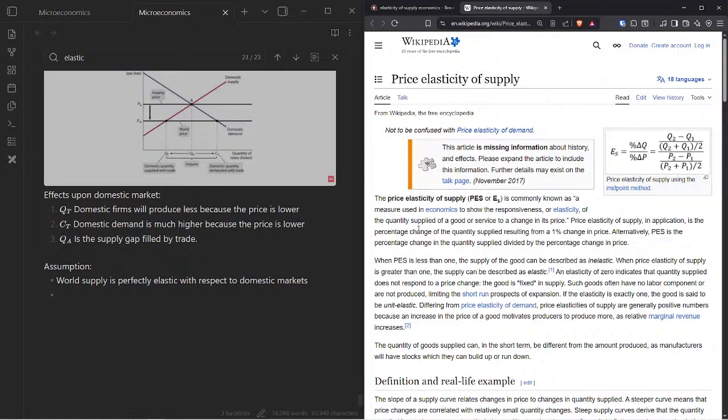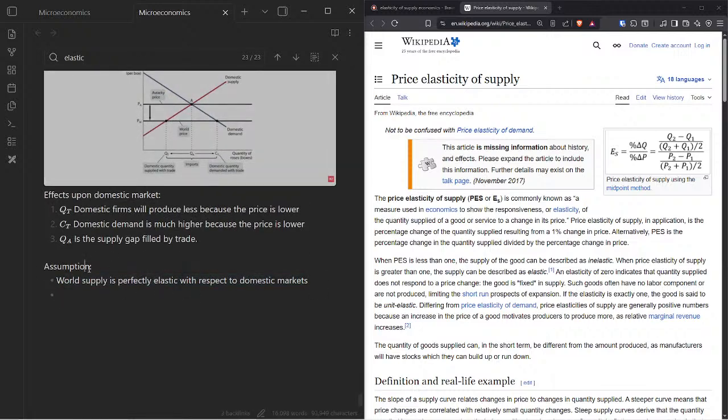A better way of thinking of it is how much you consume: the demand is able to change instantaneously to any point if there's a slight shift in price. That's perfectly elastic demand. Okay, good. So world supply is perfectly elastic with respect to domestic markets.